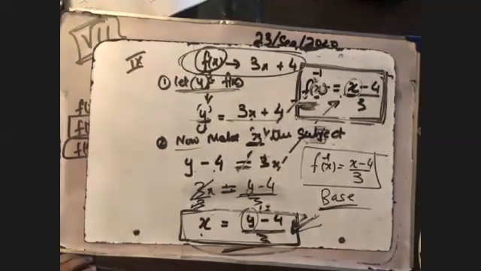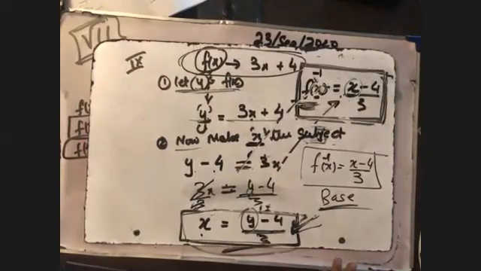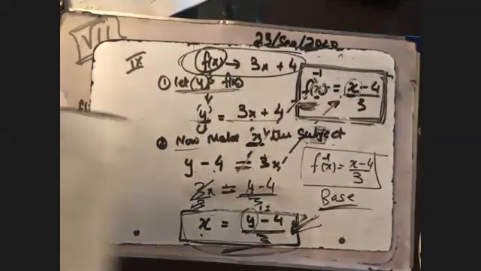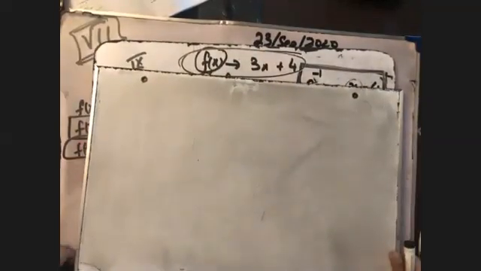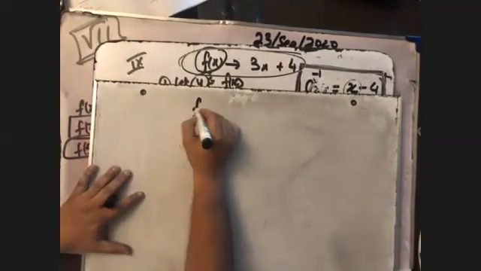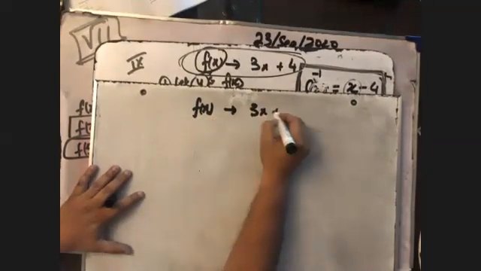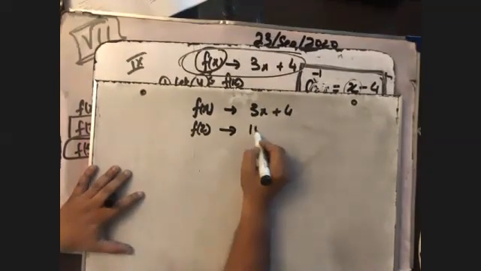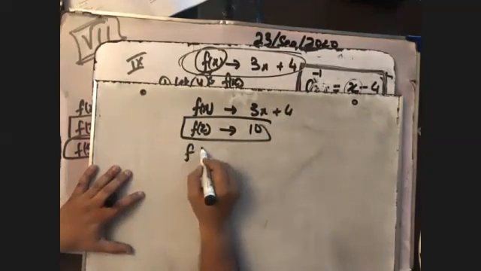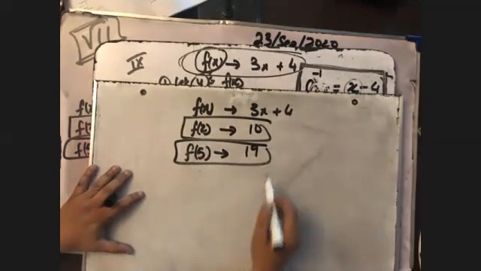No problem. Now, everyone, the magic for today. Last 3 minutes. F(x) was given as 3x plus 4. And when you put f(5) here, what did you get? 19.